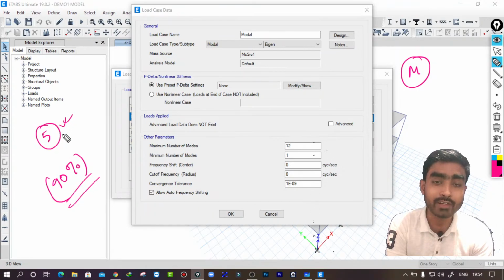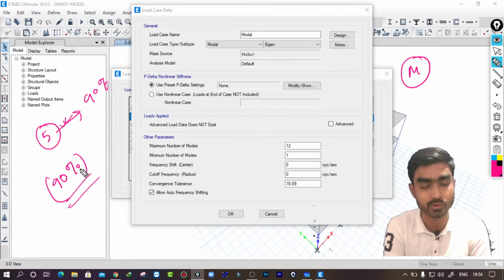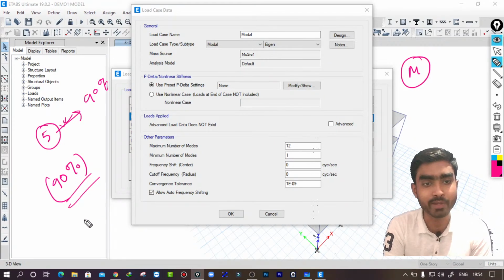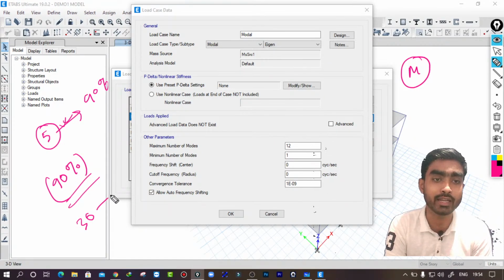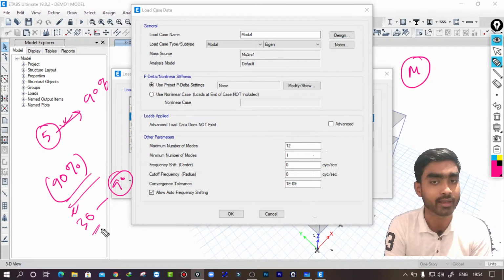If it is not 90% in the 5th mode, what should we do? We should increase the number of modes. It might be 30 also. If you are getting 90% at the 30th mode, that is also okay. In some high-rise structures, you may have to go with 30 modes.